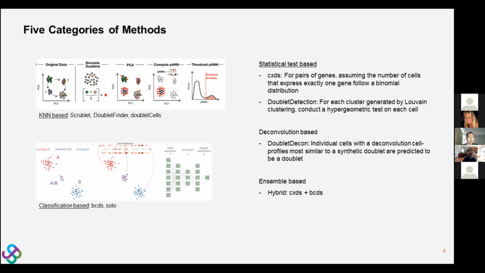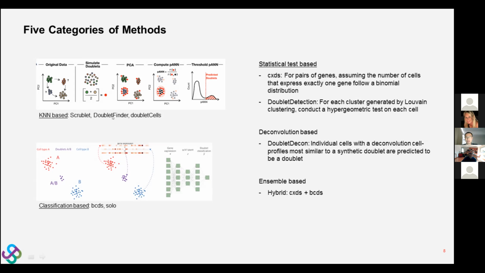And then they perform dimension reduction to put all the original cells and artificial doublets into a low dimensional space. Then people define a distance so that for each cell, you check what's the proportion of artificial doublets within that distance.